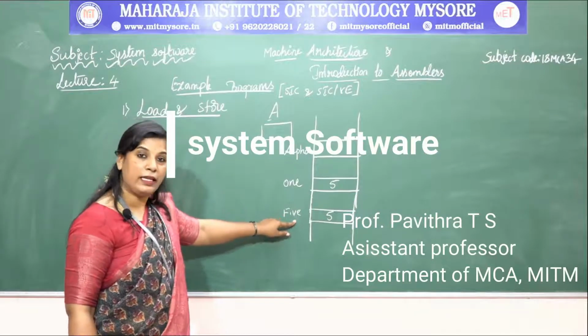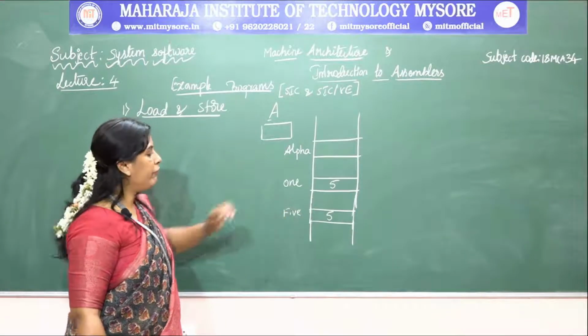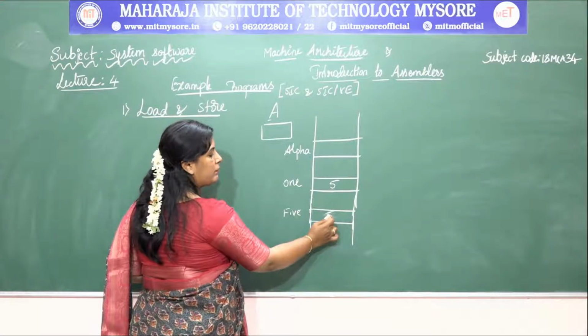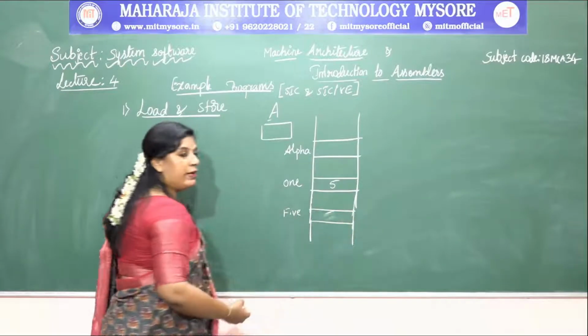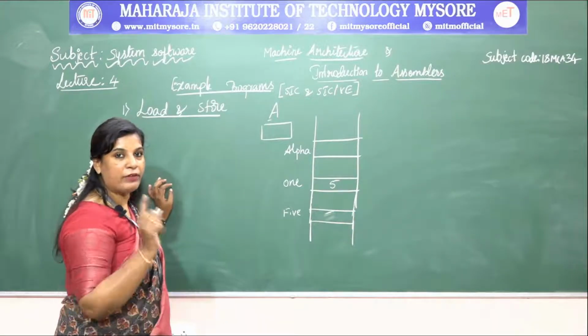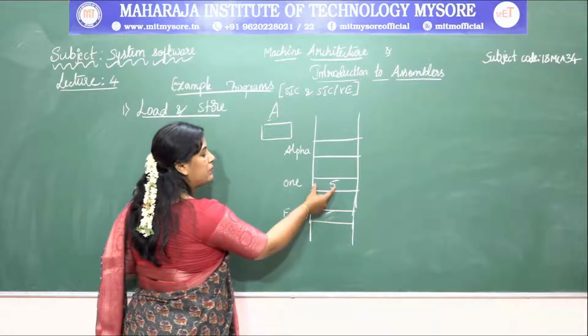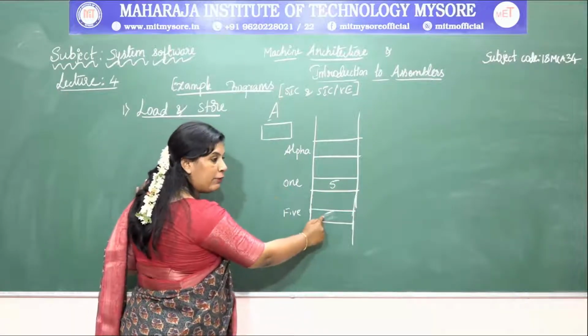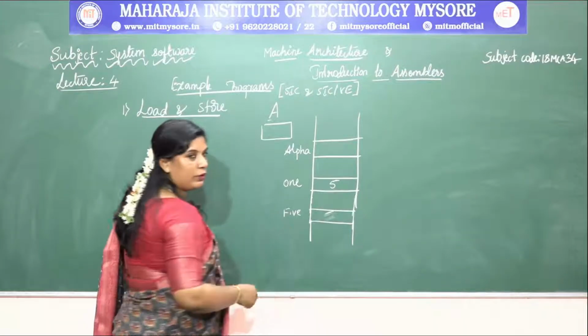You can give any name for these. I cannot perform a direct memory to memory operation here. First I need to copy the content from this memory location to the accumulator, and from the accumulator I have to move the data to the other memory location.